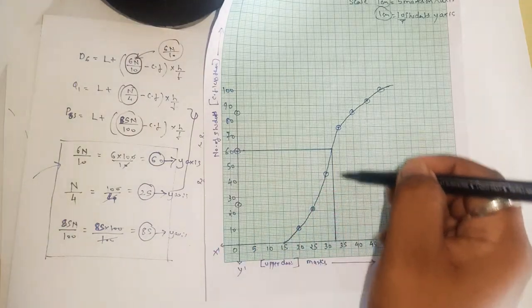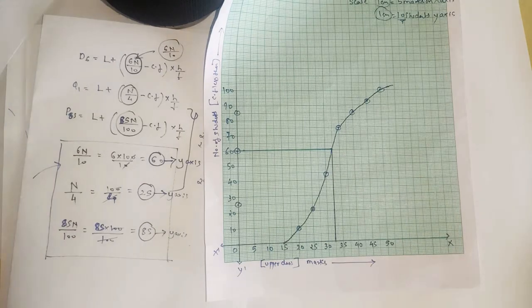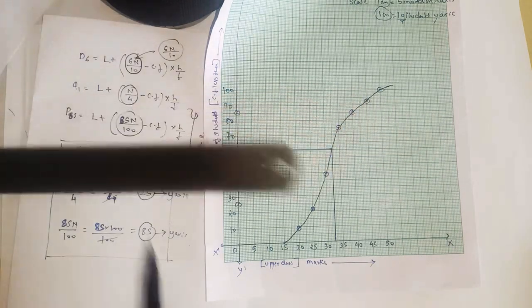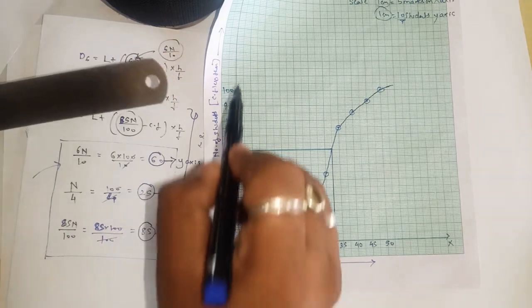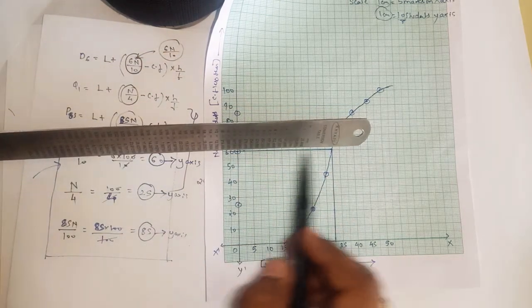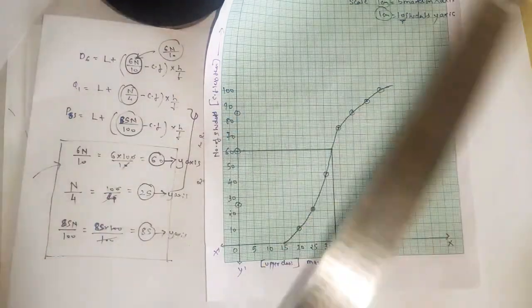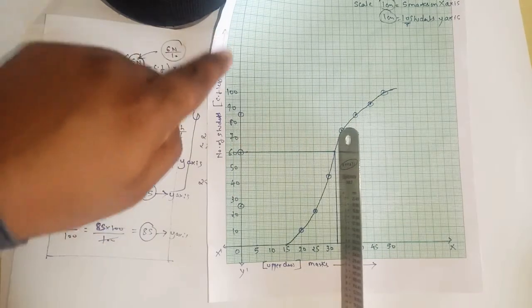Now you will draw one more line from here, and see that this line should be parallel to the y-axis. First you find 60 on the y-axis, then draw the line parallel to the x-axis, then draw one more line from here, parallel to the y-axis.